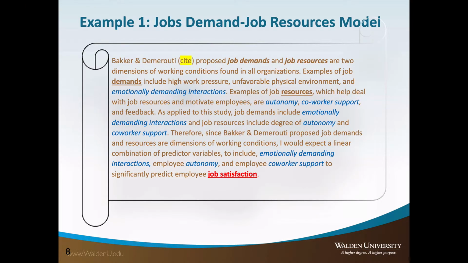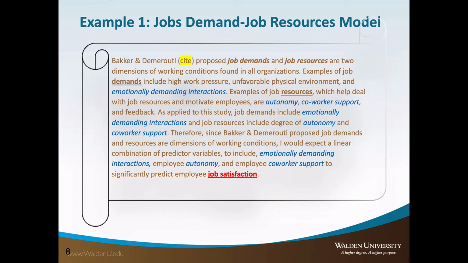Let's examine a theory, the job demand job resources model. Researchers can use the job demand model to view a problem such as job satisfaction from the perspective of two domains. The first domain being job demands and the second being job resources. As you can see, constructs are embedded in the theory. Recall, we previously addressed constructs.